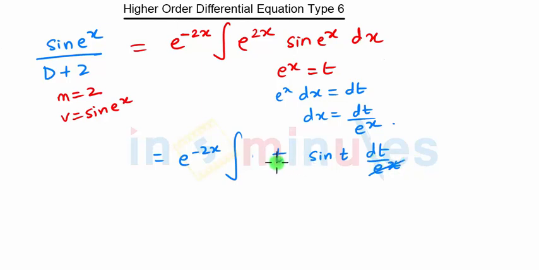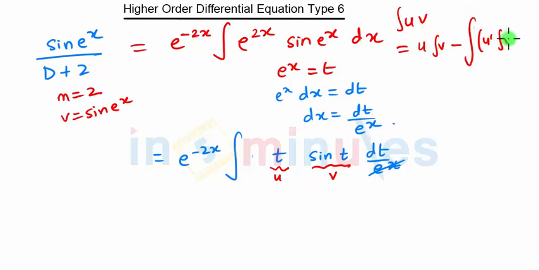So this equation is of the form integration of u into v. What is integration of u into v? It is nothing but u integration of v minus integration of derivative of u integration of v. So this is the formula of the u into v rule. So we are going to apply that formula. First we have u, so u will remain as it is.